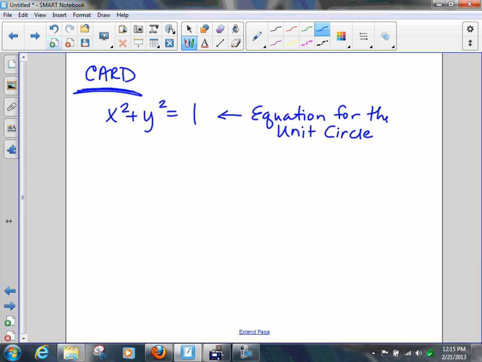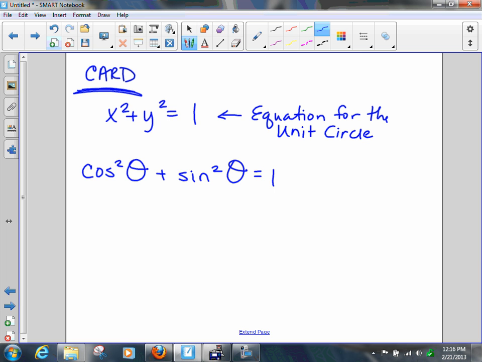We're going to add 2 more formulas to this card today. I would drop down just a little bit from that. We got our equation for the circle. Now we're not thinking x's and y's, we're thinking cosines and sines, as it's related to this. So x squared plus y squared equals 1 is also cosine squared theta plus sine squared theta equals 1, isn't it?